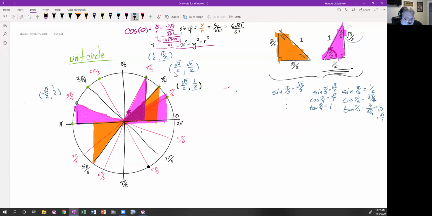So if somebody comes along and says, hey, what is the cosine of 5 pi over 6? Well, 5 pi over 6, it wants to act a lot like pi over 6, but because we're in quadrant 2 and we're talking about cosine, so x values, it's going to be that negative square root of 3/2.